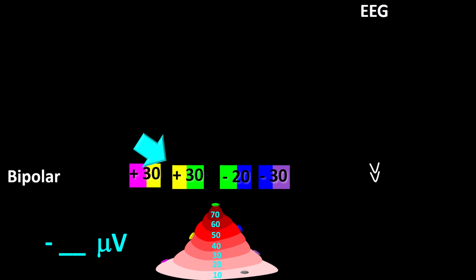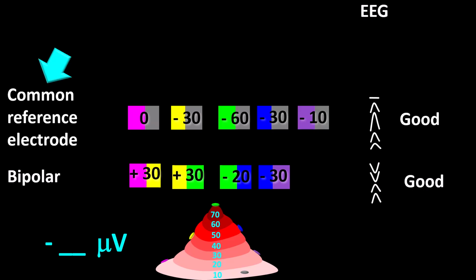We can make a similar analysis of the next channel and the next channel and the last channel. And as you can see, the EEG activity corresponding to these potentials in the montage will be easily interpreted. The electrode where phase reversal takes place is a maxima of the field, that is, the green electrode.